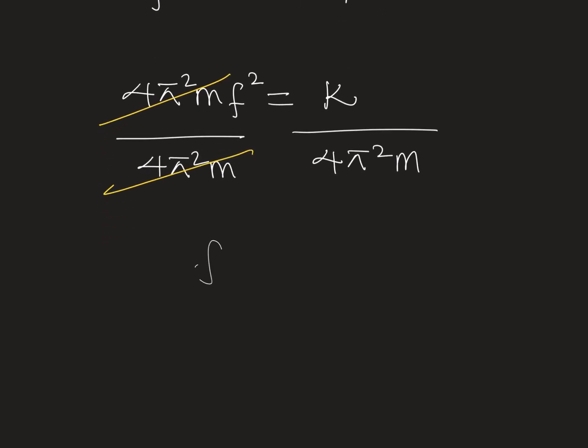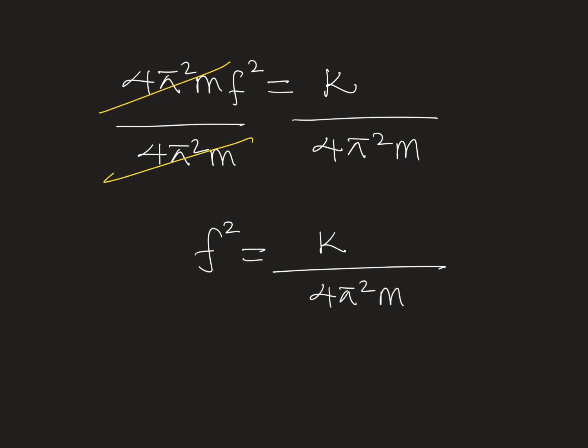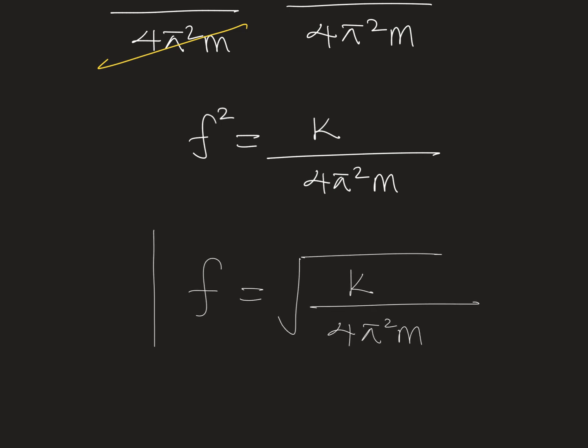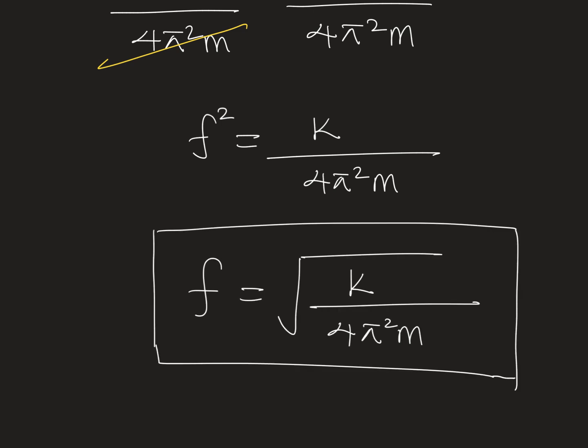So it means F square is equal to K divided by 4 pi square M. So in other words, if at all I want to find the frequency, that will be the square root of K all over 4 pi square M. So this is also another formula to find frequency.